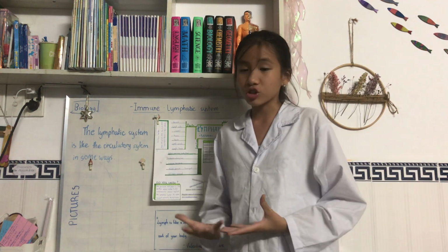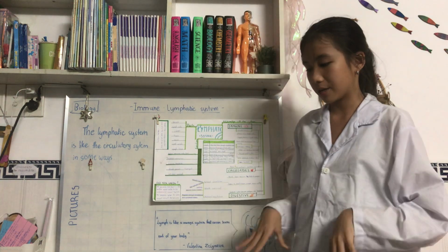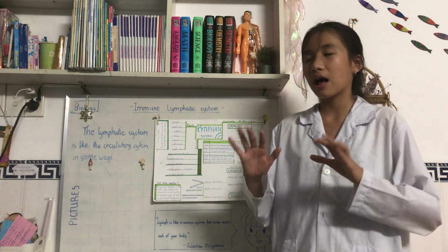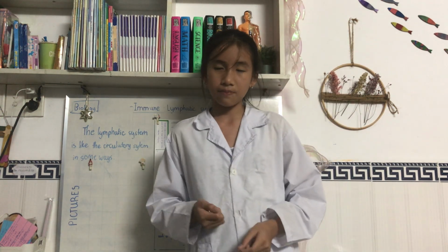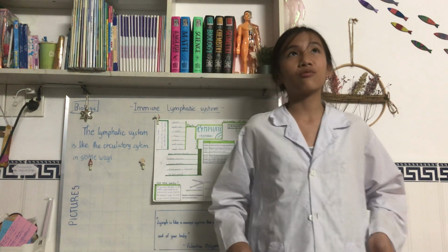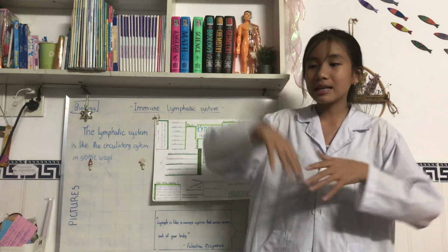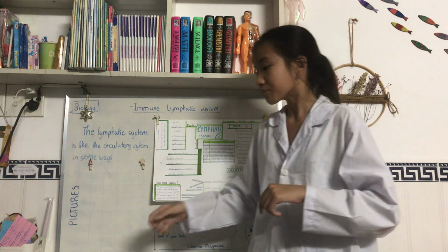Its main function is to absorb the fluid that has leaked out from the bloodstream. Firstly, there is fluid in the bloodstream. Those fluids contain the nutrients and rich fats, and they leak out through tiny holes in the blood vessel.